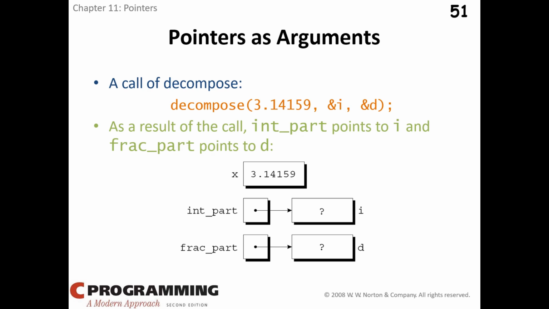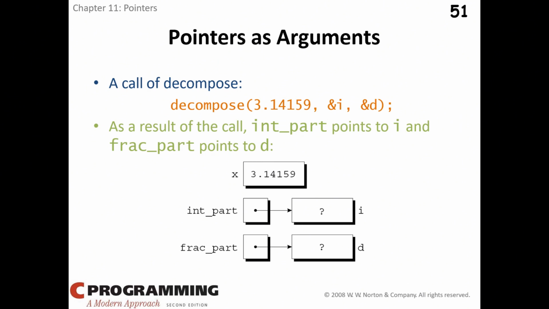And when we call the decompose function, we provide it with 3 arguments: the double value pi, and the addresses of the 2 variables i and d, denoted by &i and &d respectively. Upon executing the function, the memory addresses of i and d are passed to the decompose function, which in turn receives them as pointers.